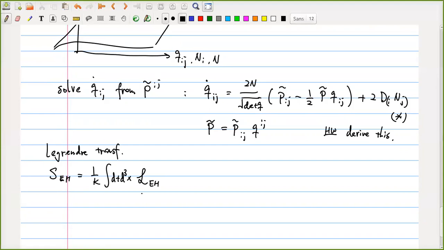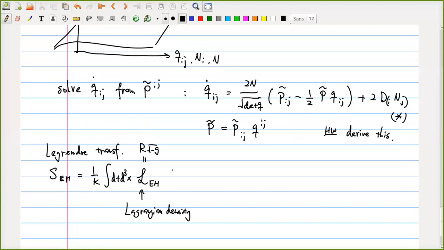This is what we call the Lagrangian density, which just equals R multiplied by the square root of minus g.